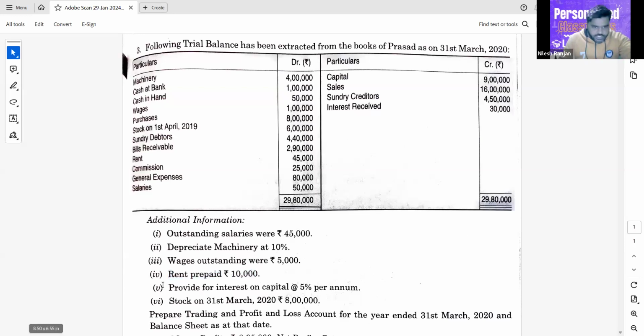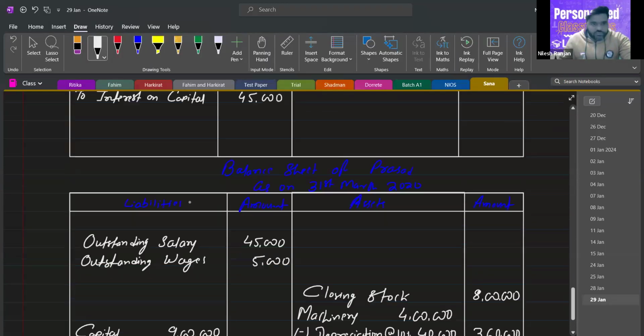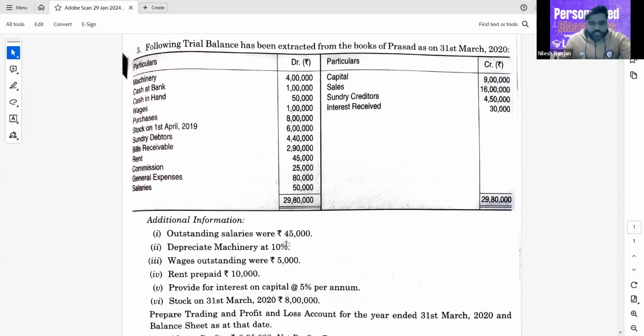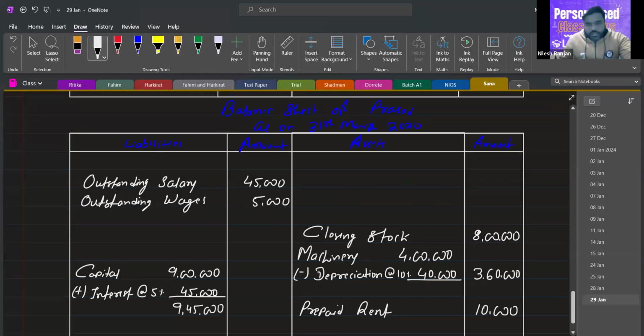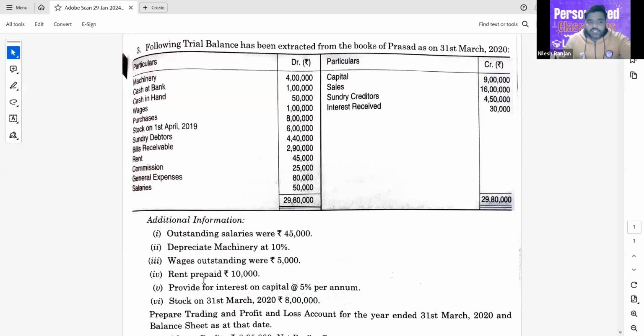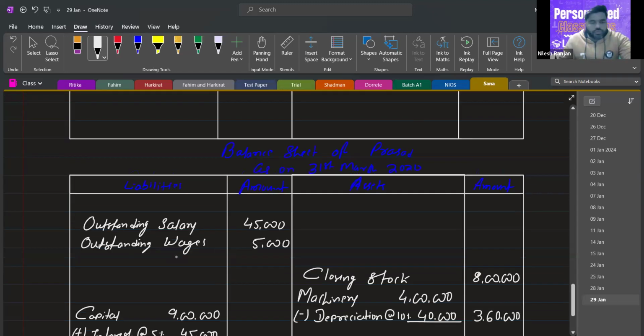Now adjustment is complete. Once again we will check that every item is written at two places or not. Outstanding salary 45,000. Yes, outstanding salary 1, outstanding salary 2. Depreciate machinery 1, depreciate machinery 2. After that, wages outstanding, wages 1 and wages 2.